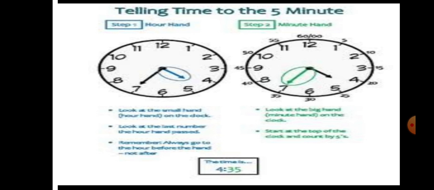As we all know, the minute hand moves from one number to the next number on the clock dial in 5 minutes. So we say the time is 4:35 or 35 minutes past 4.